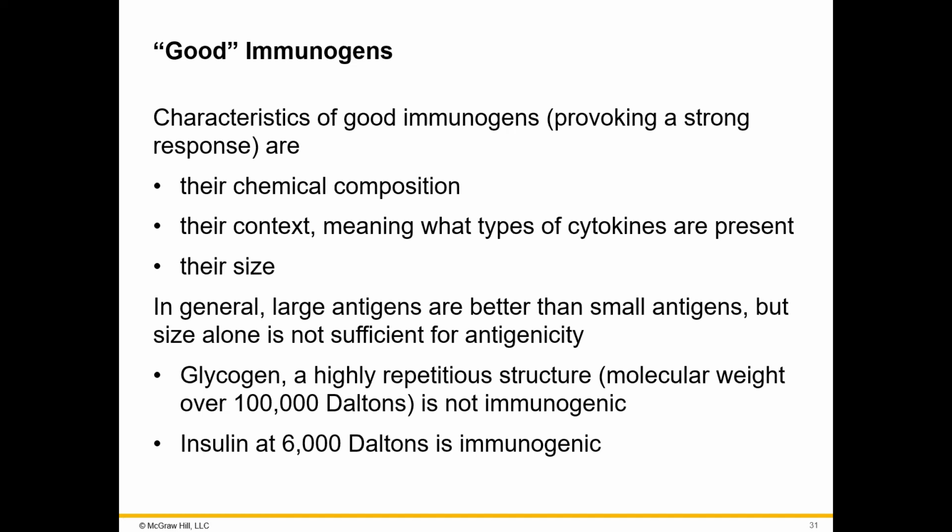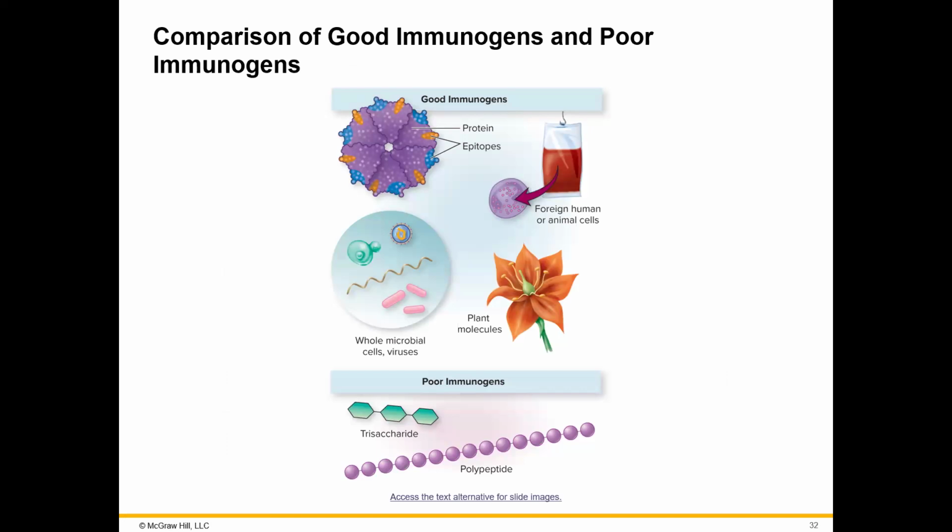So this aspect of size relates to the ability to stimulate immune wakefulness. The smaller epitope to which the awakened immune cells bind, initiating the cascade of events to follow, is the one that's of relevance. Here you see a comparison of good immunogens and poor immunogens.